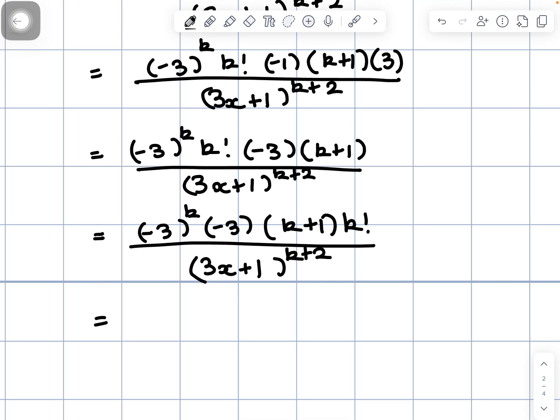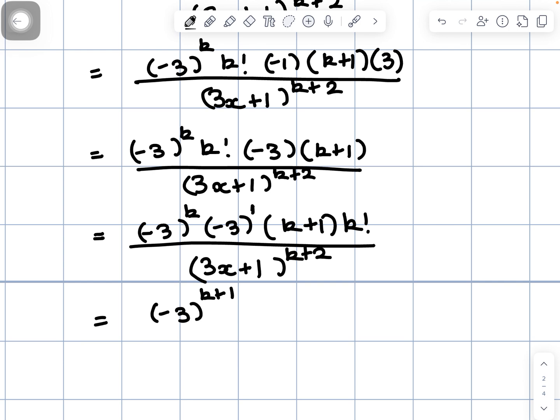Right. So minus 3 has an invisible power 1 there. So this is the same as minus 3 to the power k plus 1. Do you see what we wanted to do there? Of which, what do we know? We know that k plus 1 factorial.